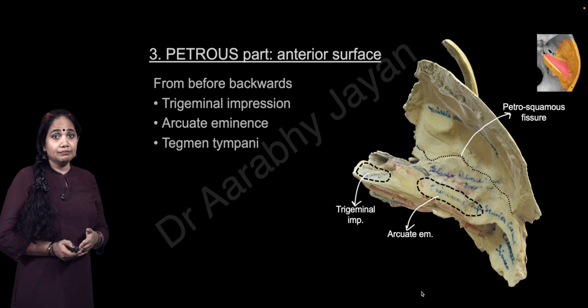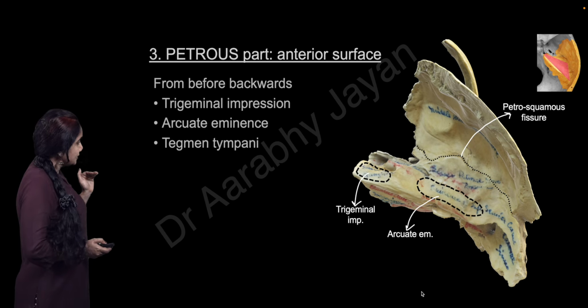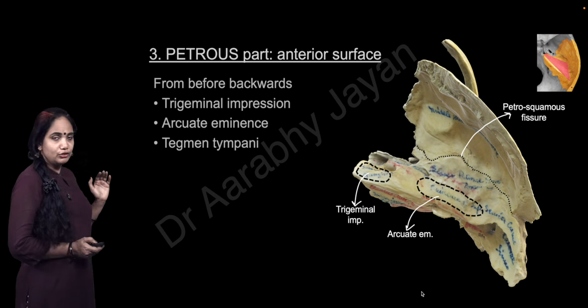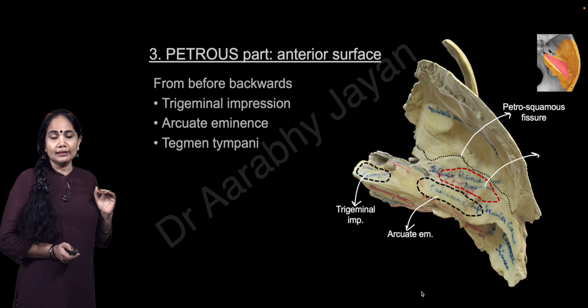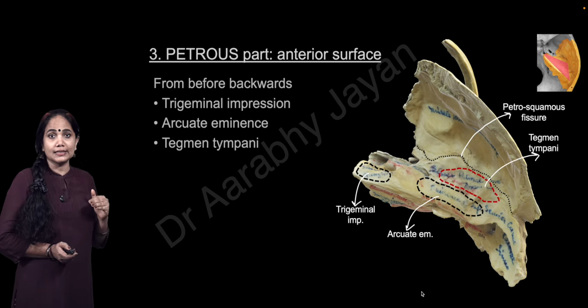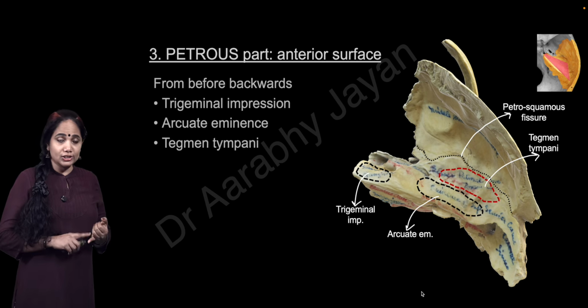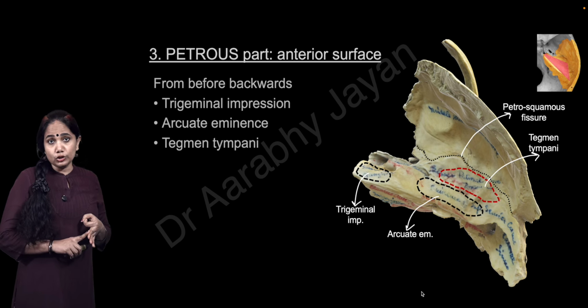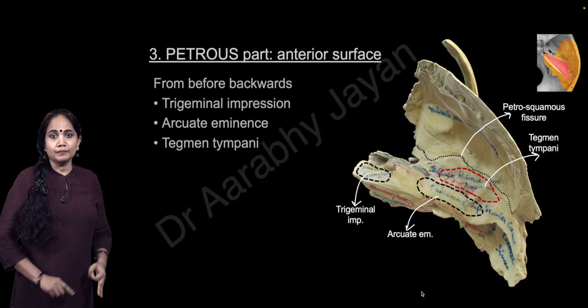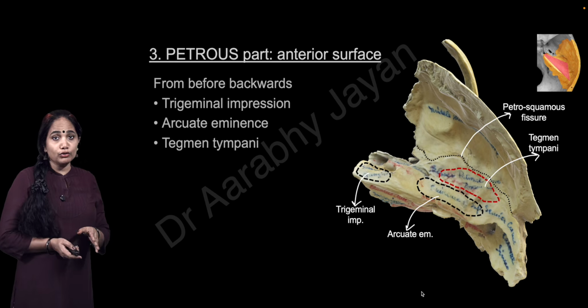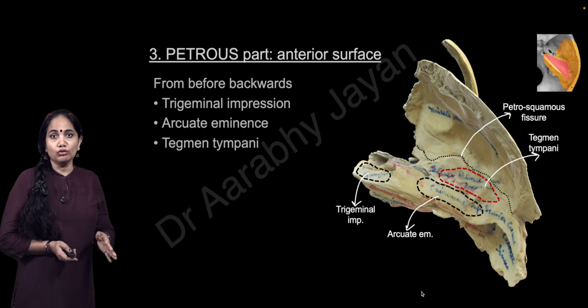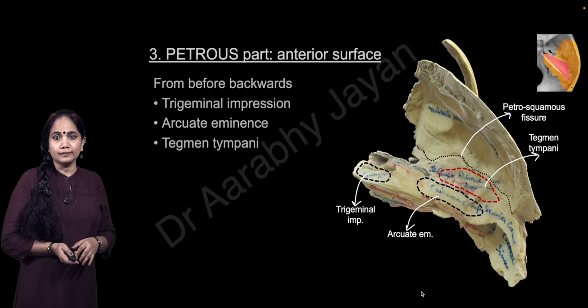It is the region between the arcuate eminence and the petrosquamous fissure. So the plate of bone lying between these 2 landmarks is the tegmen tympani, and it forms the common roof for the mastoid antrum, the middle ear, and the pharyngotympanic tube, also called the auditory tube or the Eustachian tube. So the tegmen tympani is the common roof for all these 3 structures.